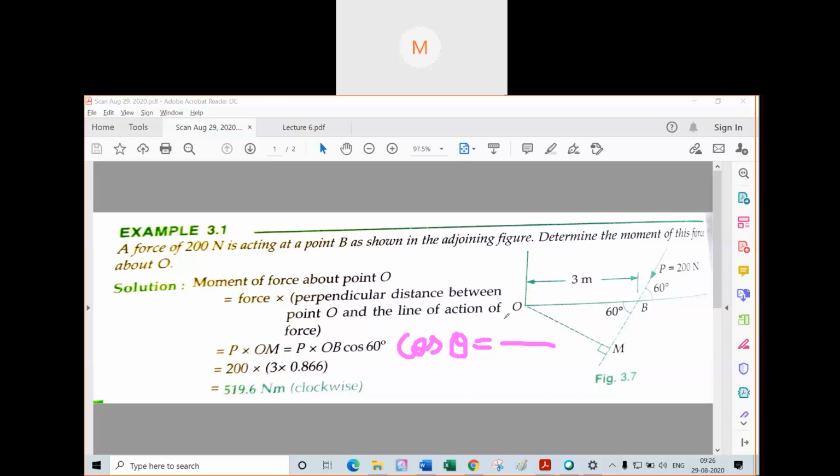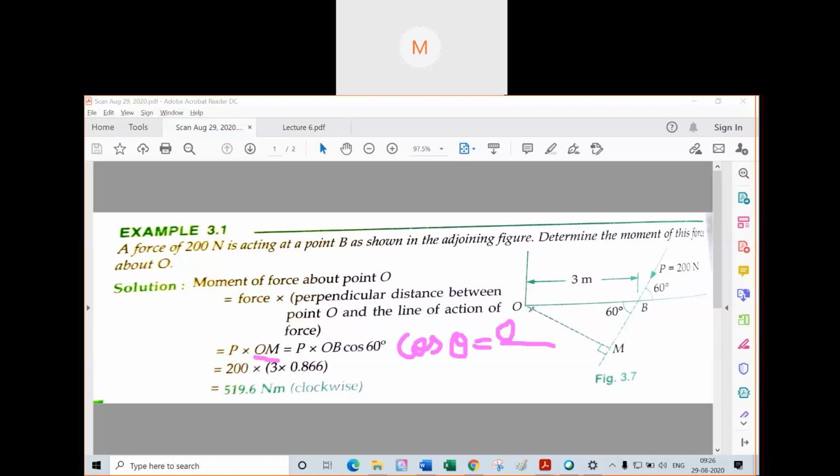So cos theta is what? Base by hypotenuse, right? Yes or no? So that is why we got OM.